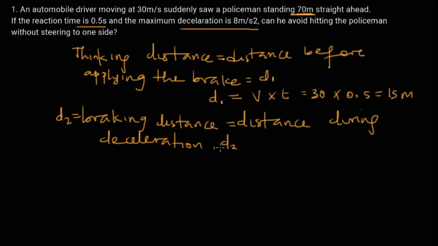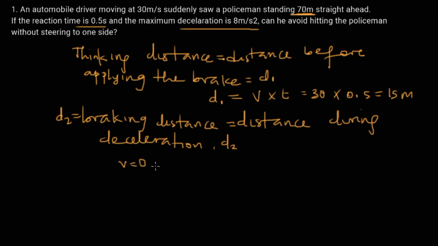Now to find the distance during the deceleration, we may use the formula v squared equals u squared plus 2as. Notice that the final velocity v will be equal to 0, because the car would decelerate until it comes to rest.